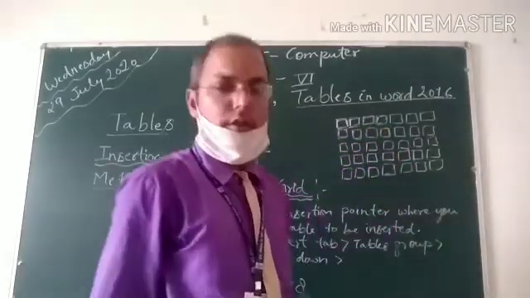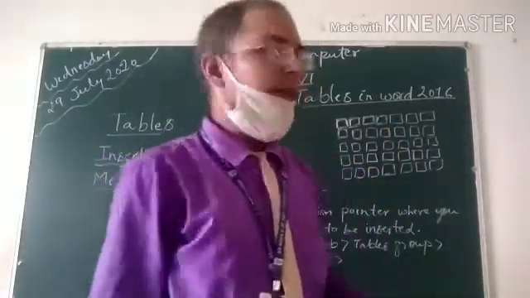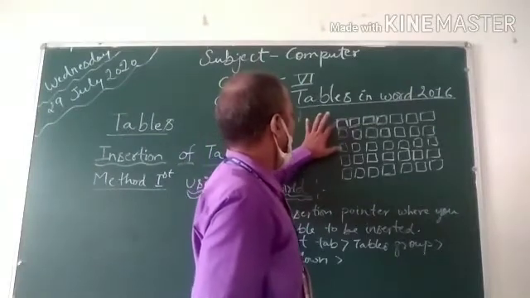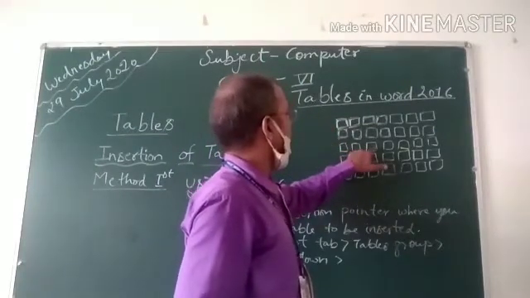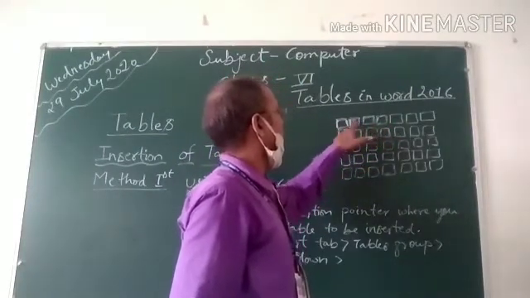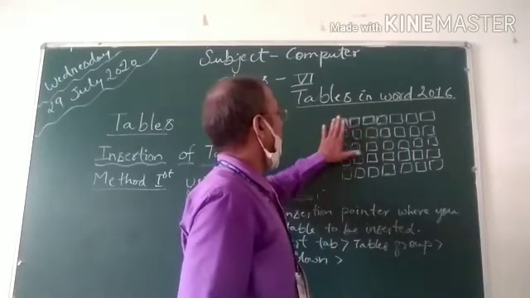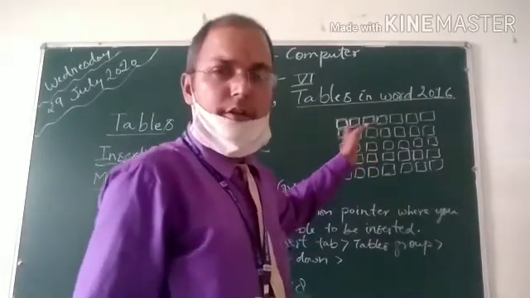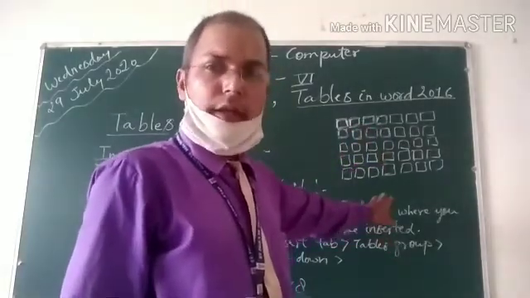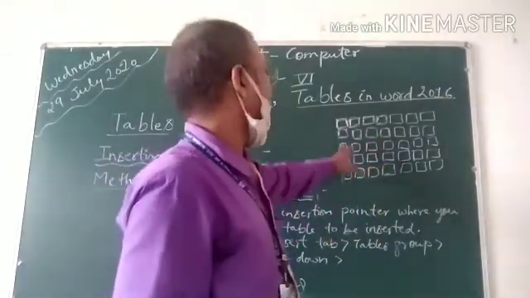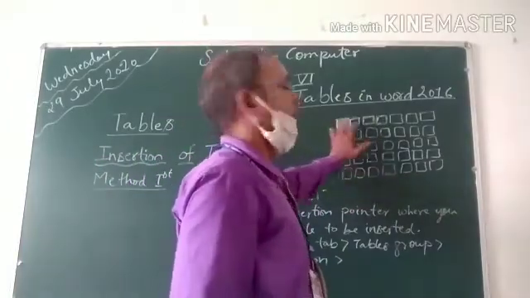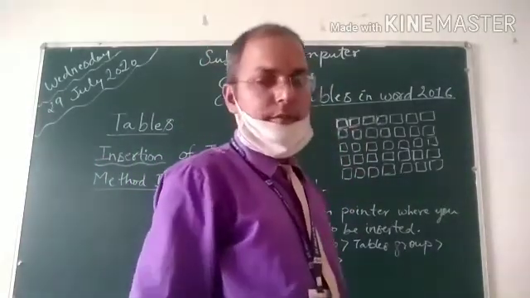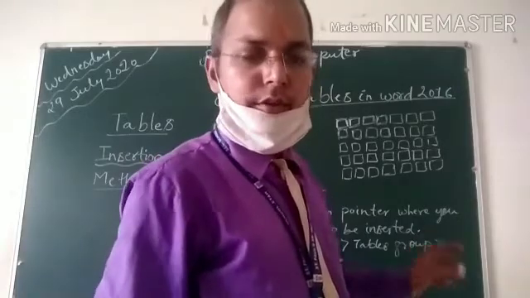Choose the different rows: as you choose 3 rows and 3 columns, they look like a different color, and the rest of the cells look black. These are the 9 cells, the 3 columns look red. So this is our method number one.